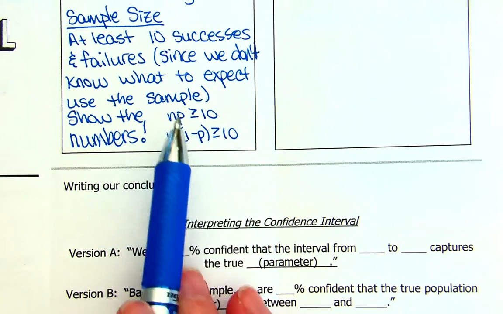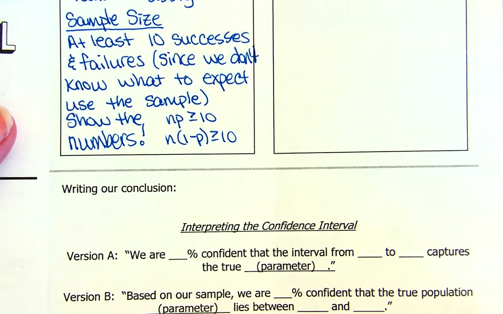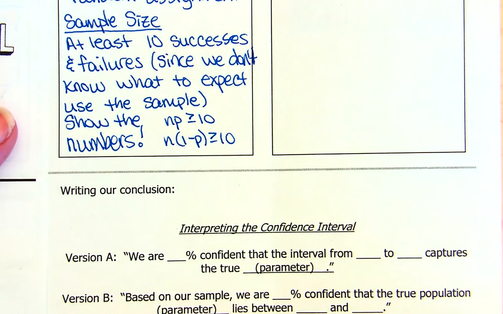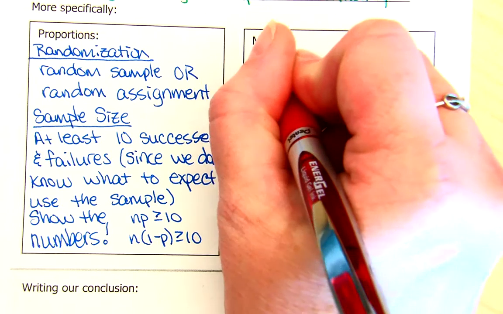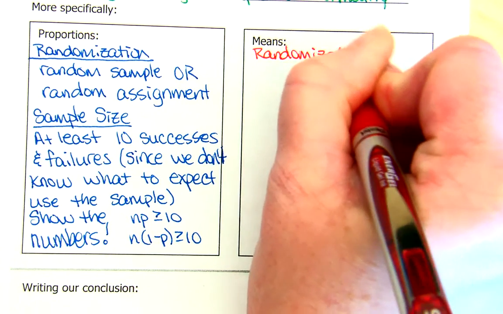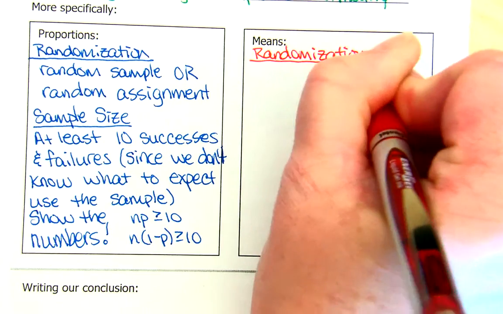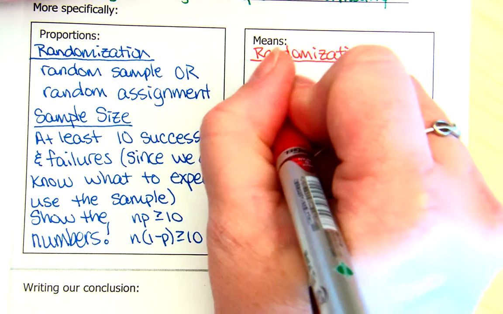And again, since we don't know P, you're looking at your sample to see how many fit the condition we're looking for and how many do not. Then for means, randomization. Same thing, random sample or random assignment, same as the other one.